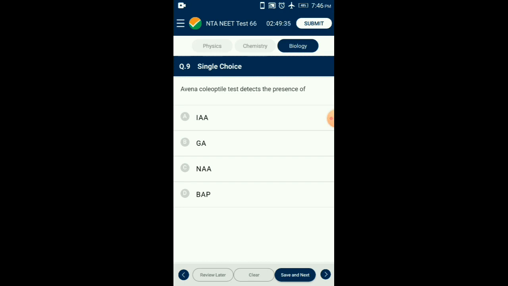Indole acetic acid is a natural auxin. Auxin, the name derived from the Greek word to grow, are weakly acidic growth hormones having unsaturated ring structures and capable of performing cell elongation, especially of shoots. So the answer for this question is option A, indole acetic acid.